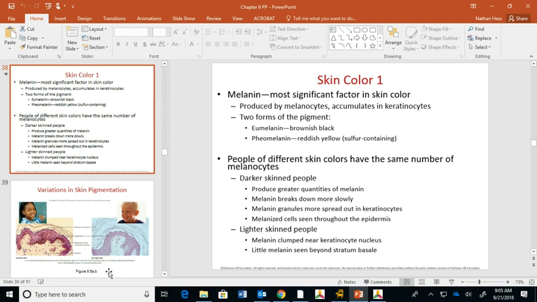And obviously the more that's produced, especially the more of this eumelanin that's produced, the darker your skin is. Right? Like those people who are more like black color. Sure. More sulfur in their body. This is not that it has more sulfur, it's just that pheomelanin actually contains sulfur in it that kind of gives it that yellowish reddish hue.